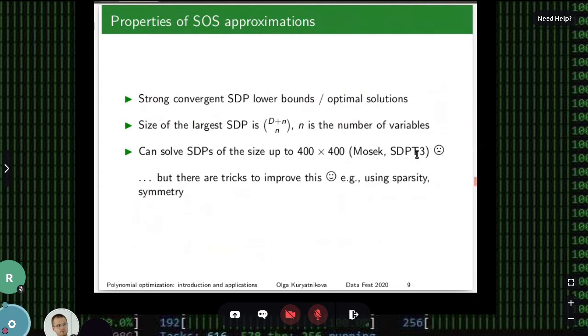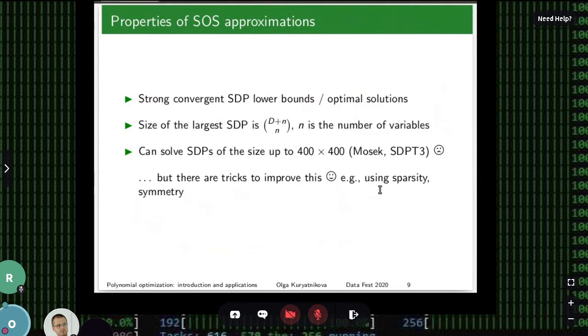So as long as we want a better bound, so we want to increase the degree, or we want to increase the number of variables, this number of monomials becomes huge. It grows exponentially. And at the same time, the existing, really well-developed solvers can deal well with SDPs of size up to 500, maybe even 400.